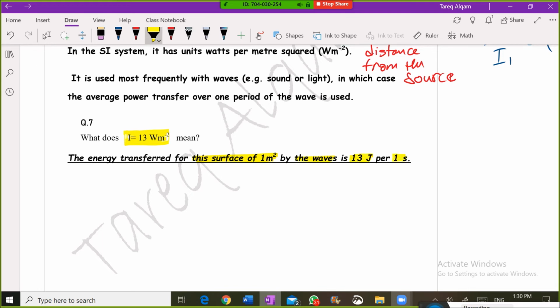Each 1 meter squared of this surface will gain energy equivalent to 13 joules for each second. This is what is meant by intensity. Intensity means energy transferred per unit area per unit time, or power per area.